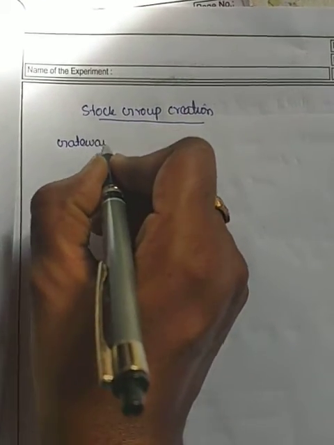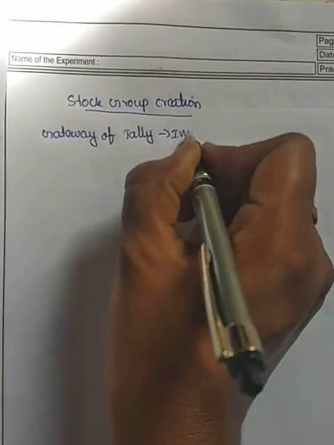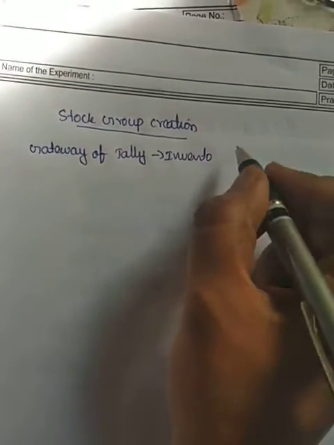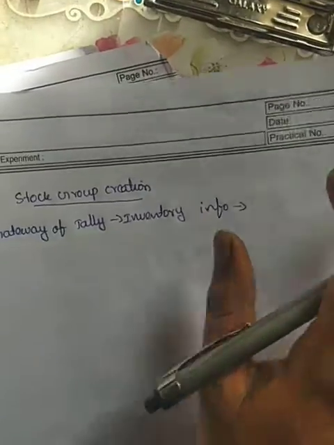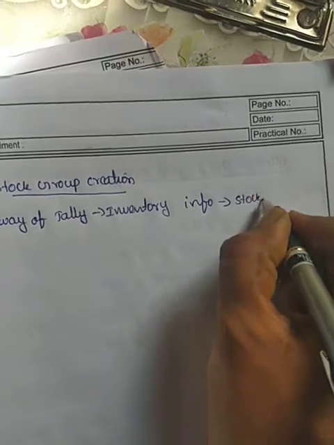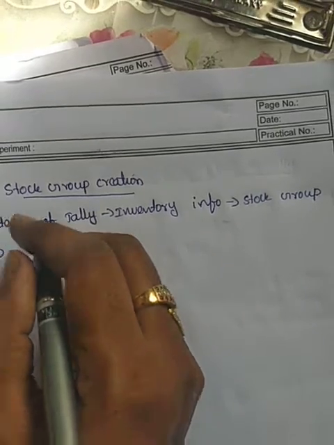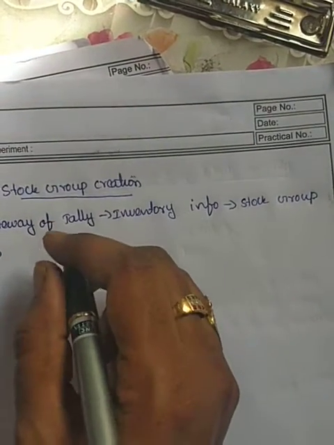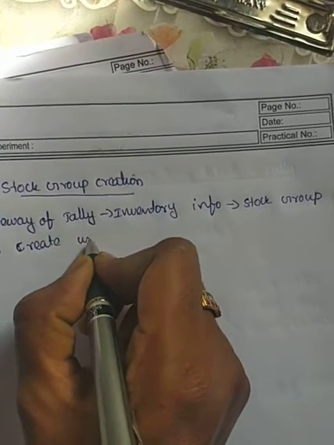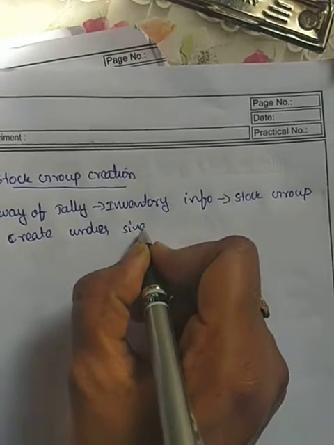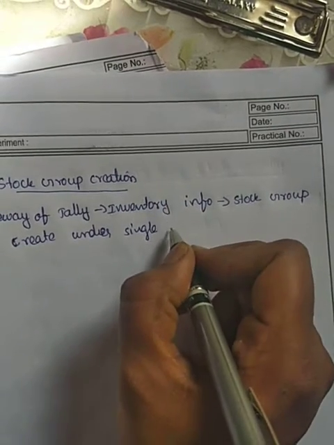Gateway of Tally, then inventory info, then stock group, then create under single stock group.